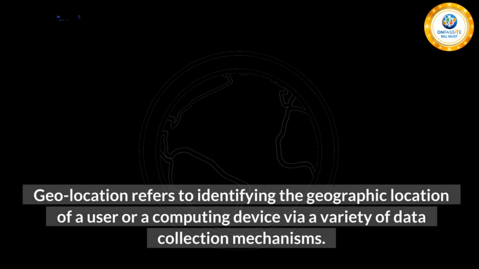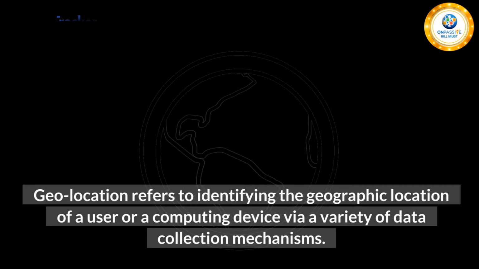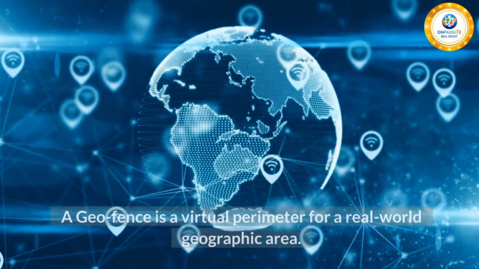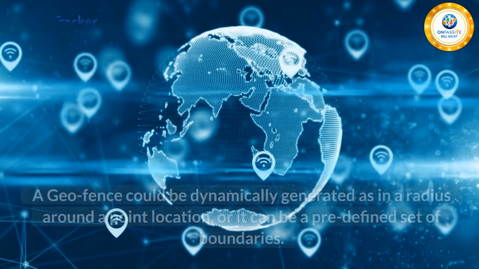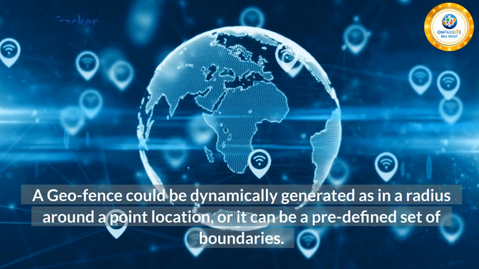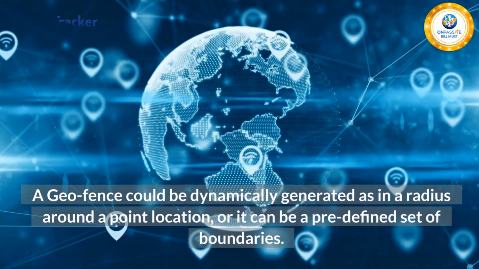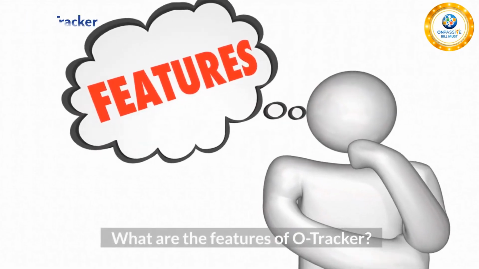Geolocation refers to identifying the geographic location of a user or a computing device via a variety of data collection mechanisms. What is geofencing? A geofence is a virtual perimeter for a real-world geographic area. A geofence could be dynamically generated as in a radius around a point location, or it can be a predefined set of boundaries.